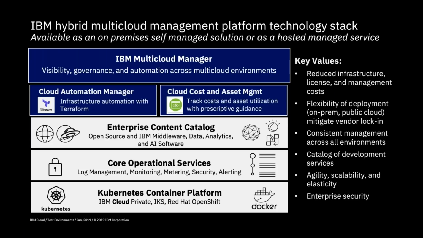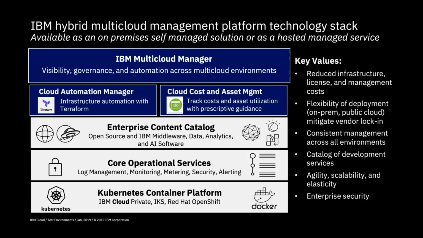So this is my one and only product chart in this deck. This is the IBM Hybrid Multi-Cloud Management Platform. We have a complete platform stack at the top, starting with IBM Multi-Cloud Manager. This is our container management system, focused on policy and governance and automation of applications built with containers.